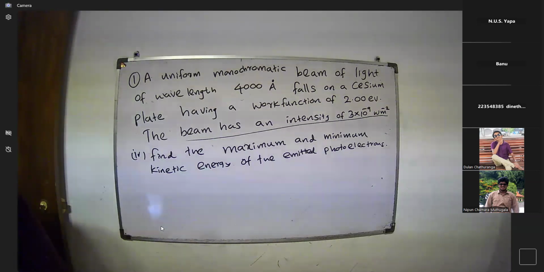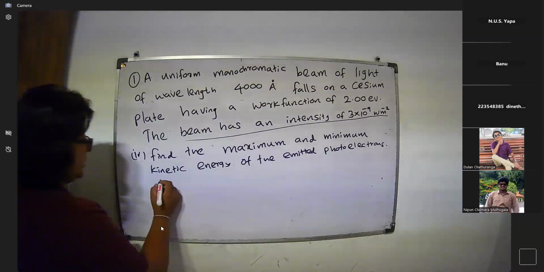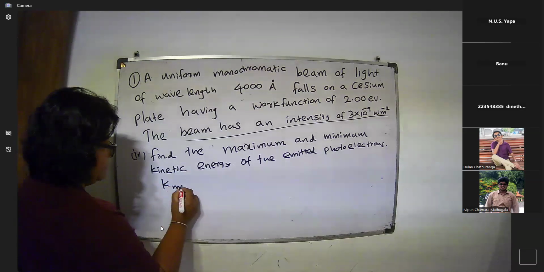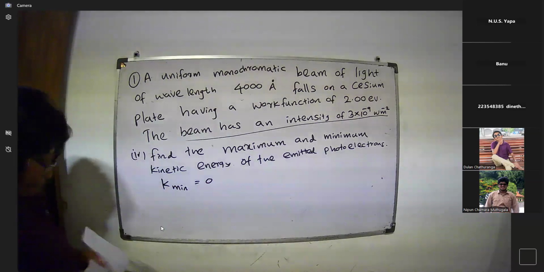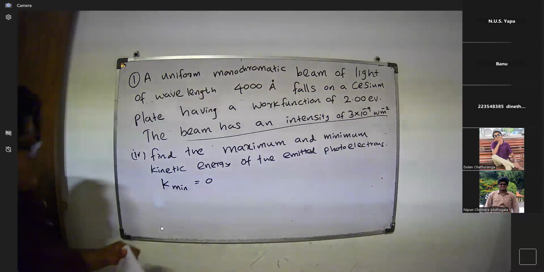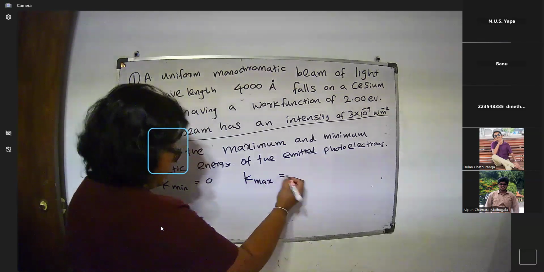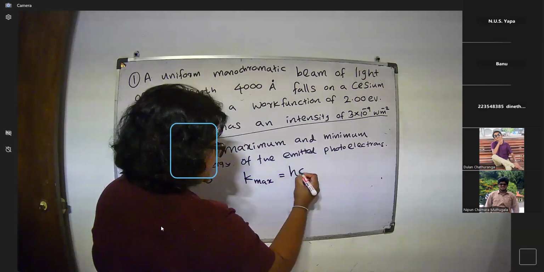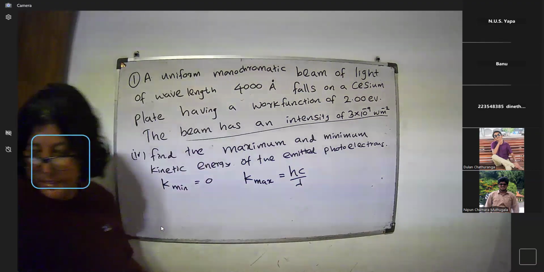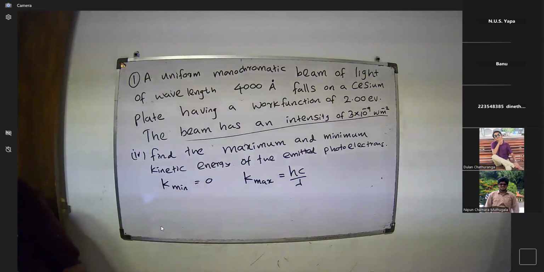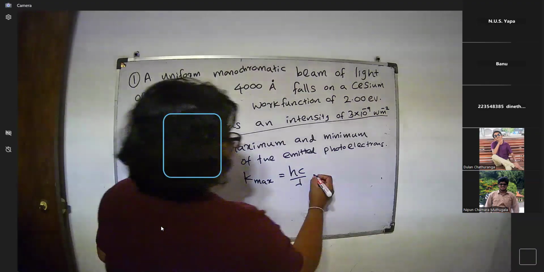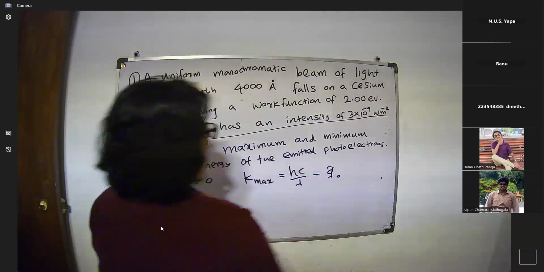Right? How do we find this? The minimum kinetic energy is equal to 0. K minimum equals 0. K maximum can be found using the photoelectric equation: h nu, which I can convert to hc over lambda because lambda is given, minus phi naught or phi.